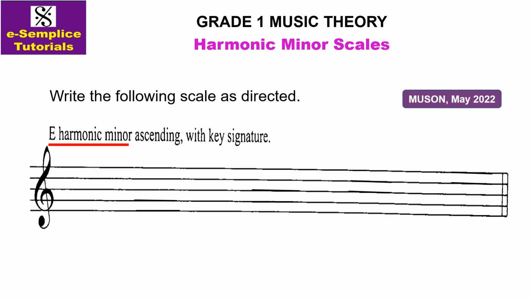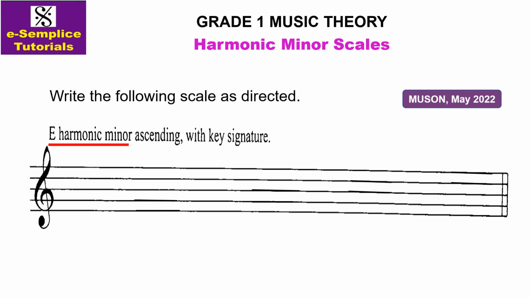Let's take a past question from Muson exam May 2022. Write the following scale as directed. E harmonic minor ascending with key signature. Let's highlight the requirements.